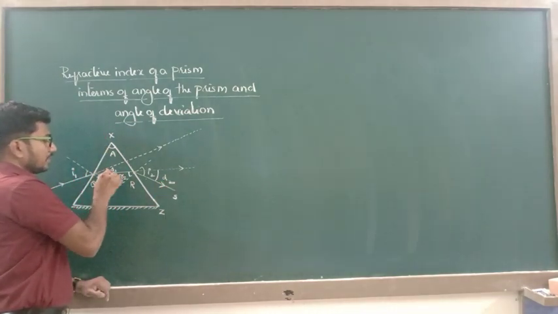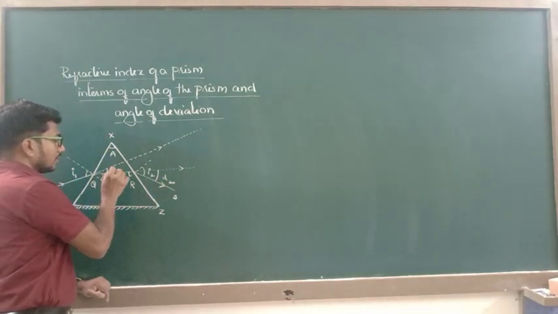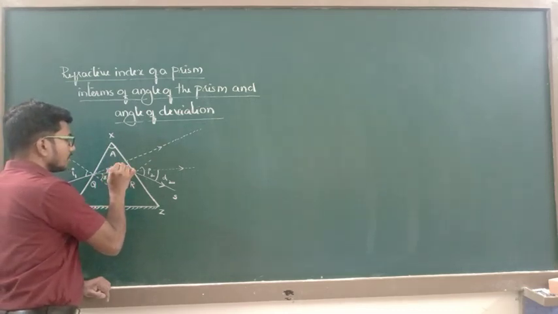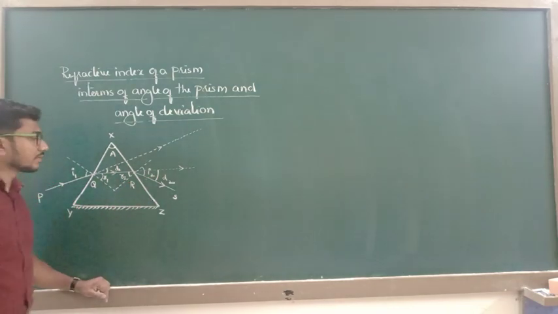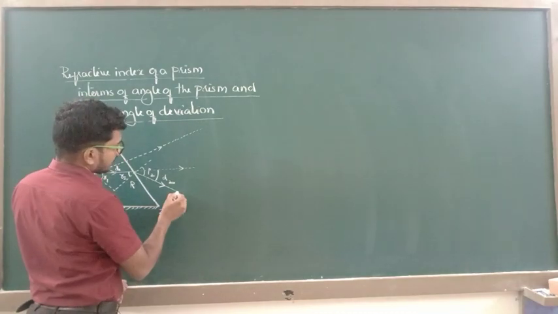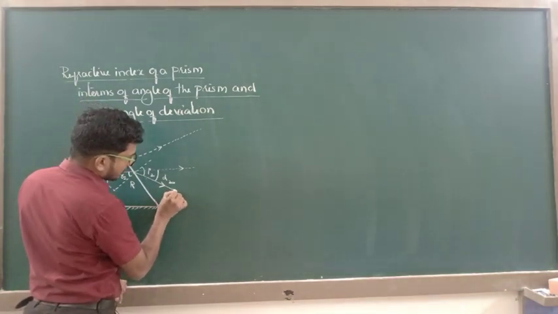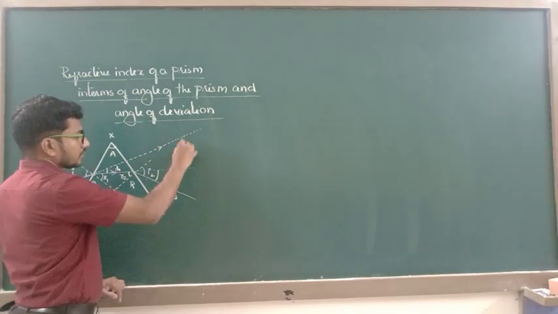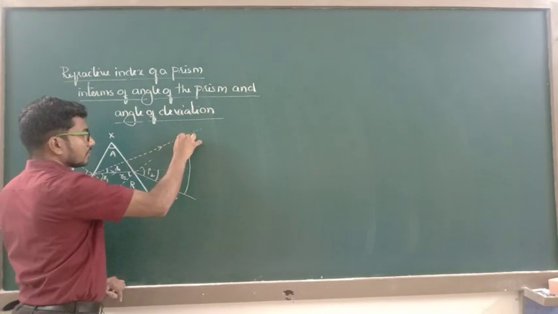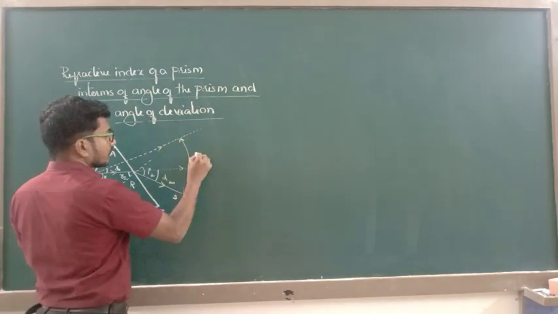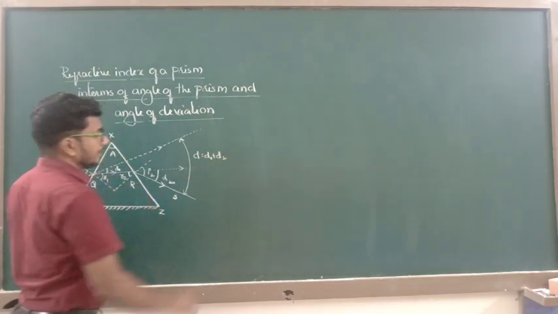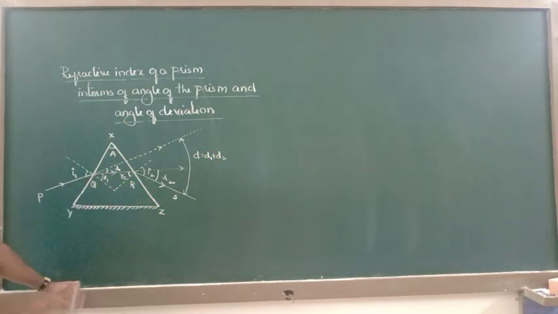Here D1, here D2. The total deviation is given by D is equal to D1 plus D2. So this is the total deviation.